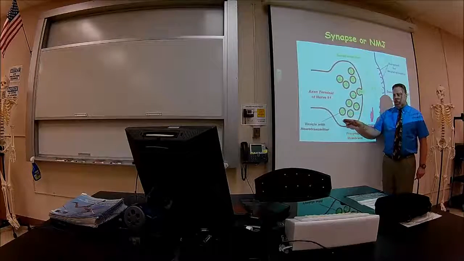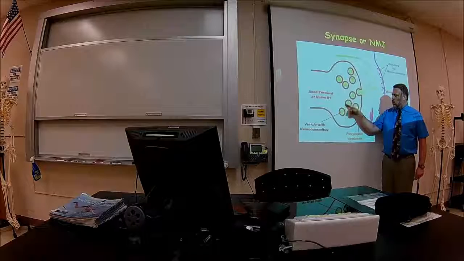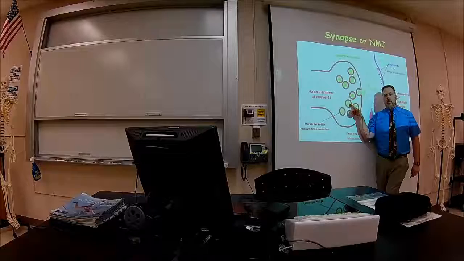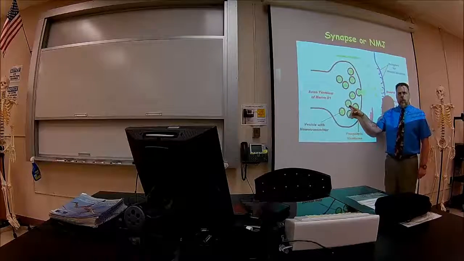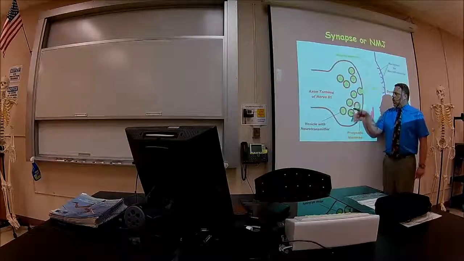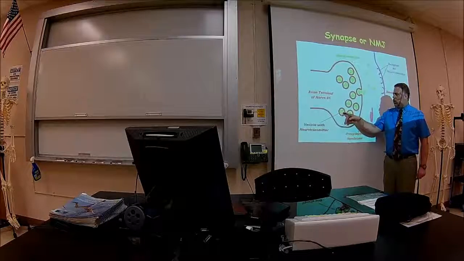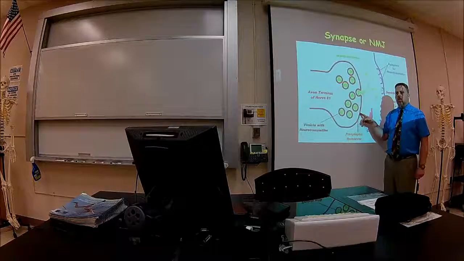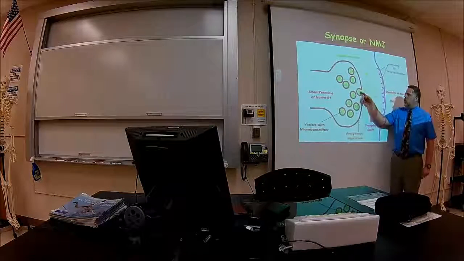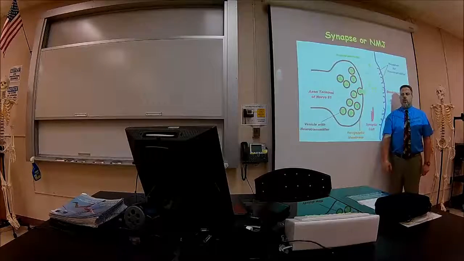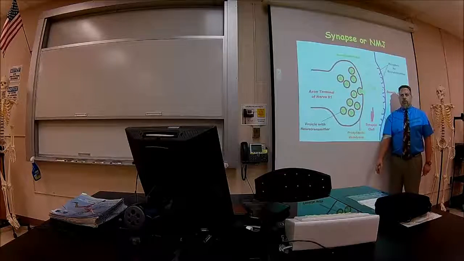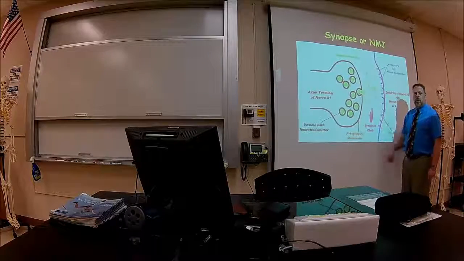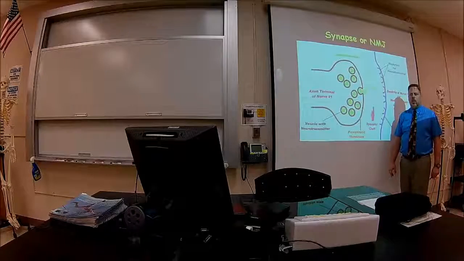That calcium will bind to the vesicles at the axon terminal that contain the green dots, a neurotransmitter, in this case acetylcholine. Once calcium binds, the vesicles will fuse with the presynaptic membrane, and through exocytosis will release the neurotransmitter across the cleft until it reaches the receptors on the postsynaptic membrane.